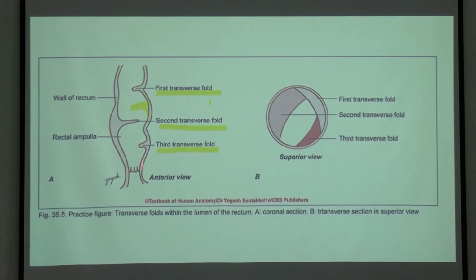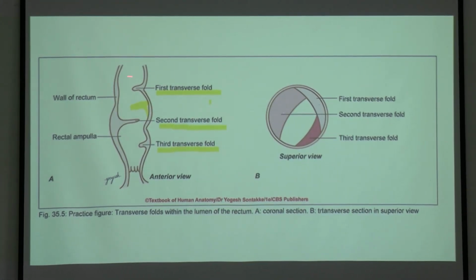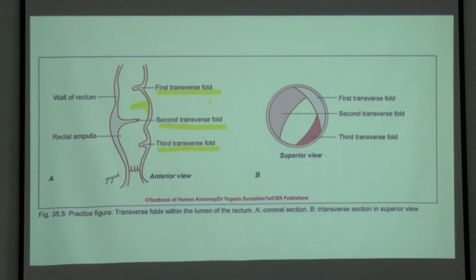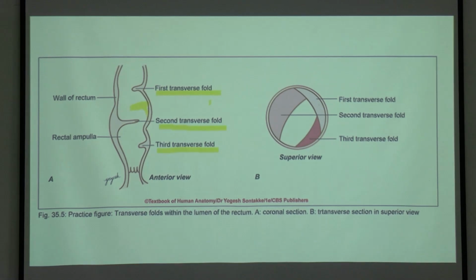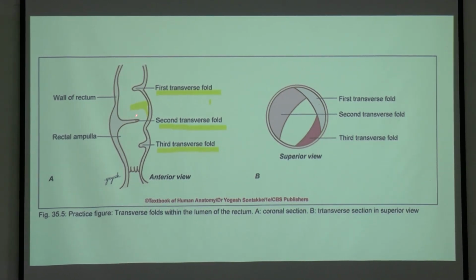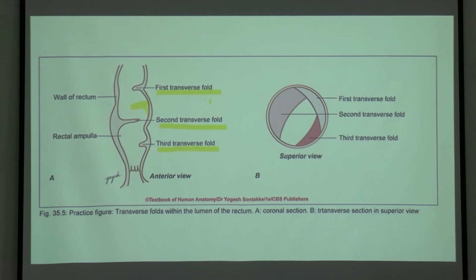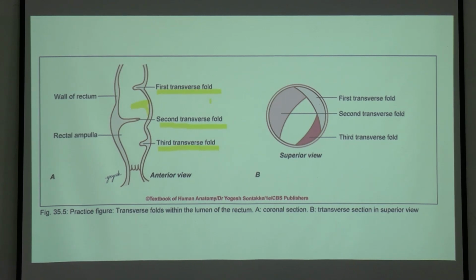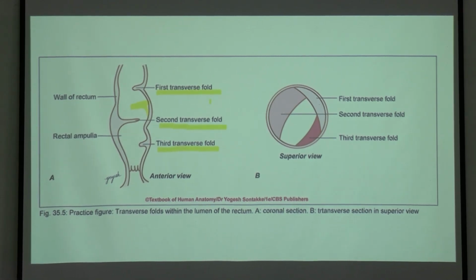This part of the rectum remains empty, and this part remains loaded with the fecal matter. So if we injure this second fold or Nélaton sphincter, what will happen? There will be rectal incontinence, fecal incontinence.